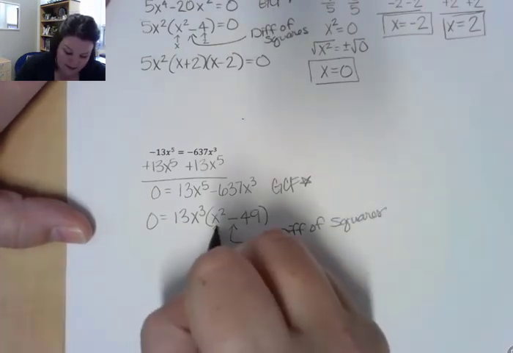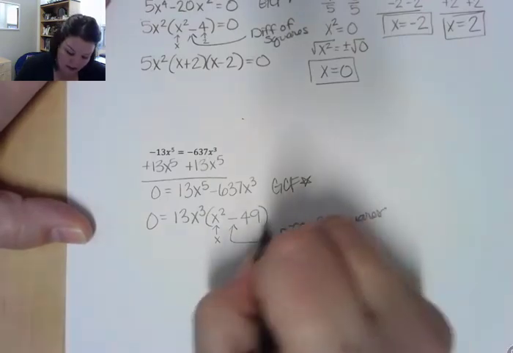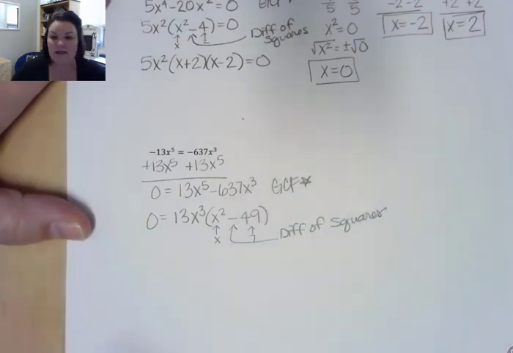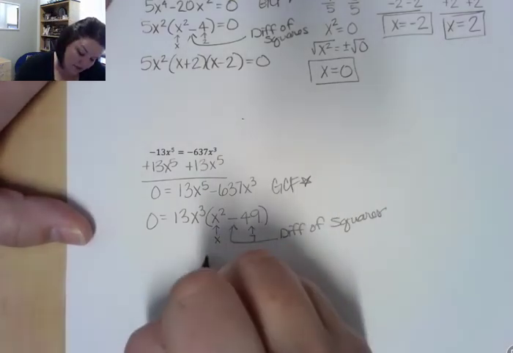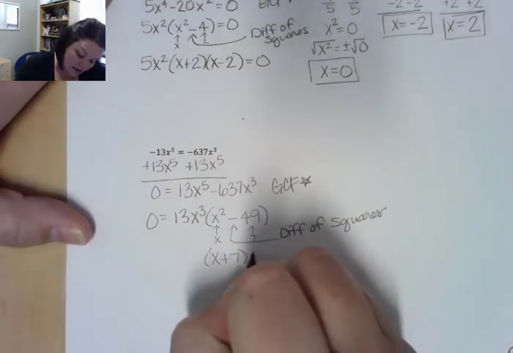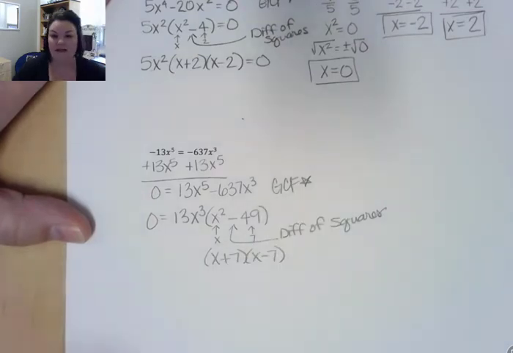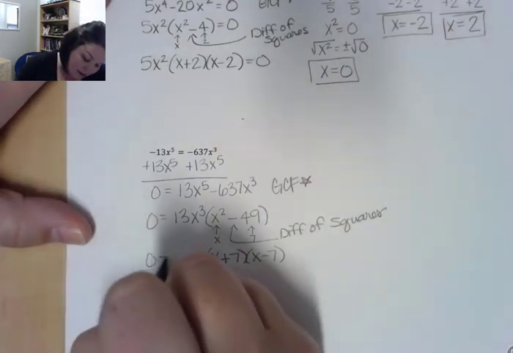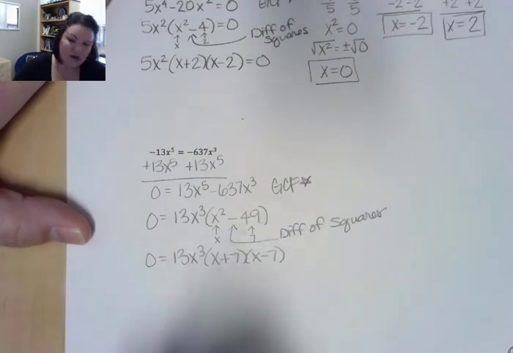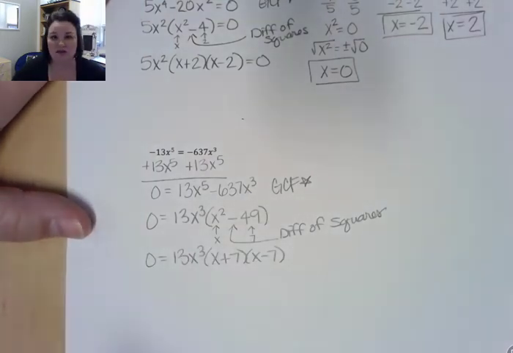Because here my base is x that's being squared, here my base is 7 that's being squared, and I have a subtraction. So I know that this piece should factor into x plus 7 times x minus 7. And then I just go ahead and bring down my greatest common factor, which was 13x cubed.